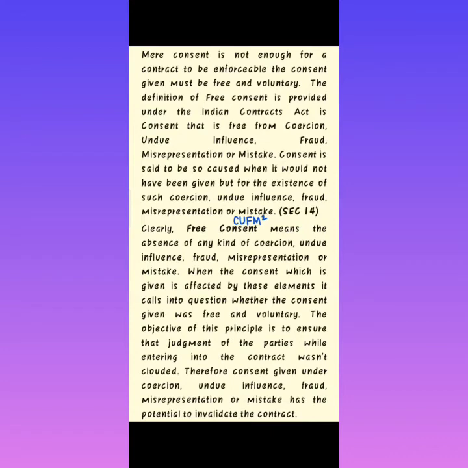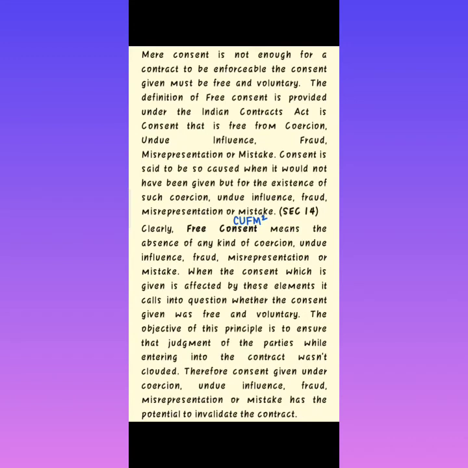Also you can see that with a blue marker I have written CUFFMM, or Cuff-um square, in between the section and its explanation. It is an easy trick to remember the sections in order. Section 14 gives us all the factors as a whole, and then the subsequent sections give the definition and illustration for the different concepts.